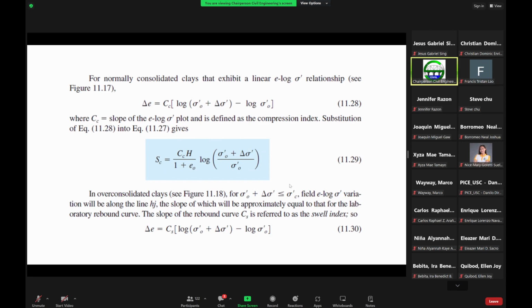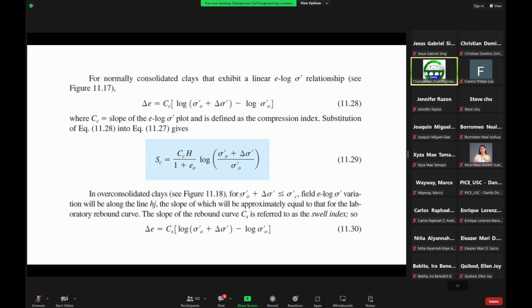Then in this case, the field e-log p variation will be along the line HJ, whose slope is approximately equal to that of the laboratory rebound curve.